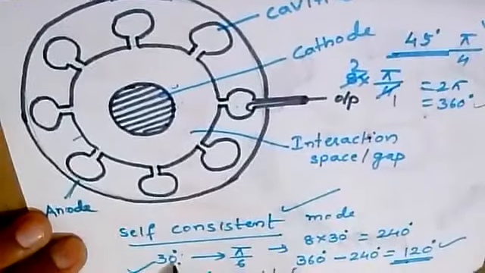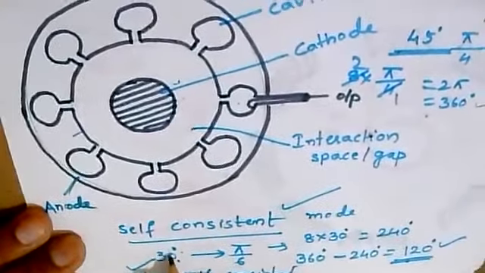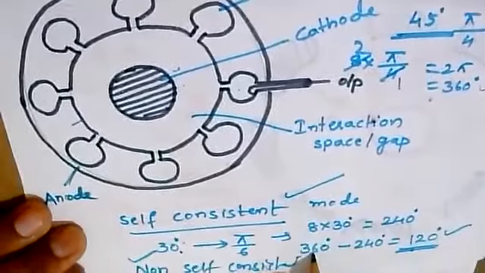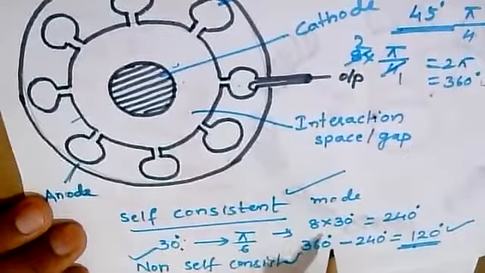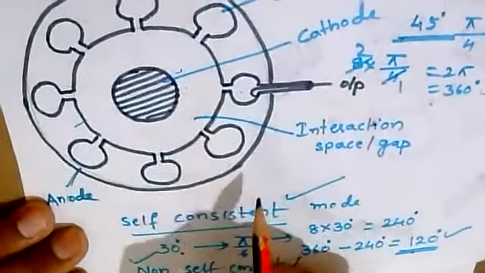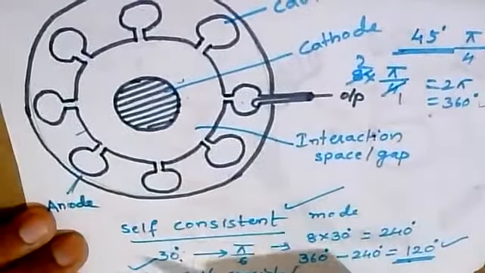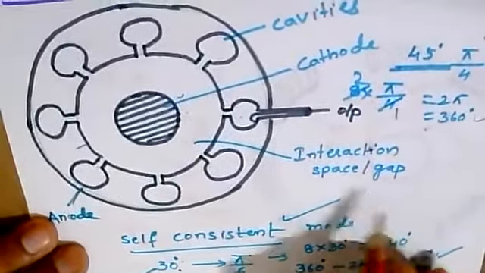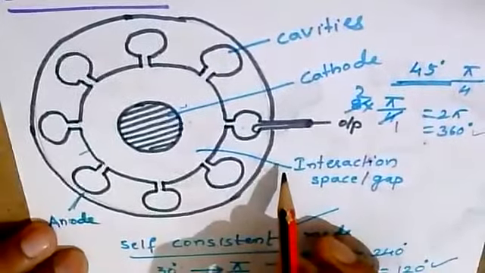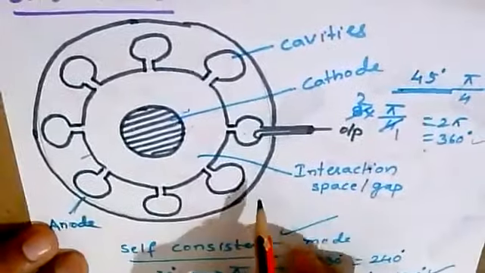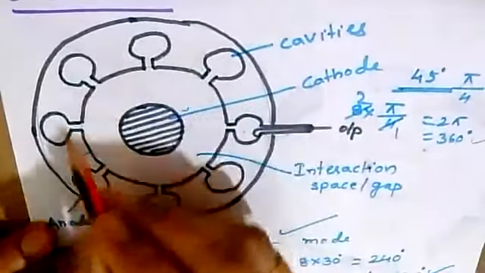If it is other than 45 degrees, there will be an inconsistent form where one of the cavities has its phase shifted by some other value, which does not satisfy the self-consistent condition.